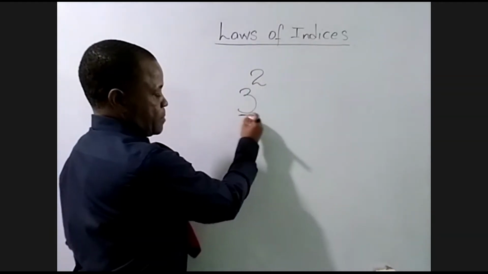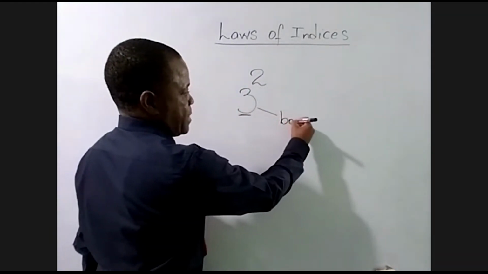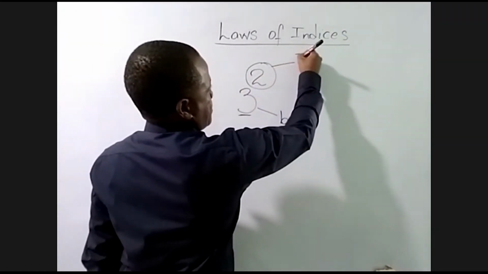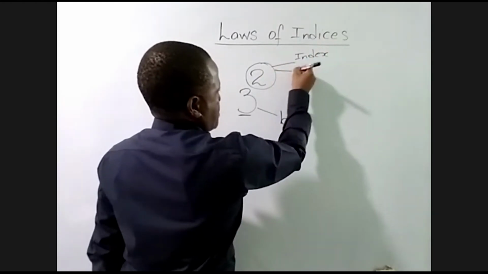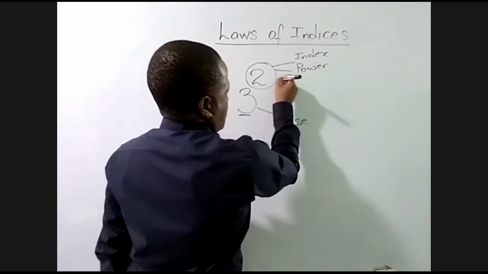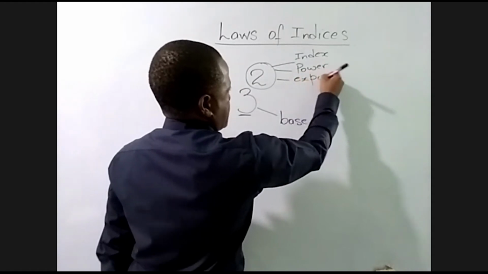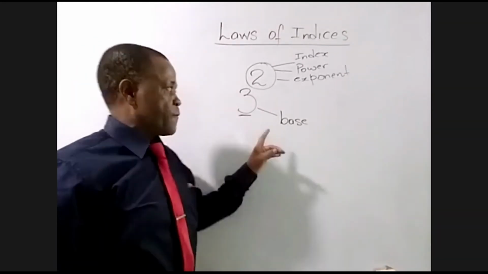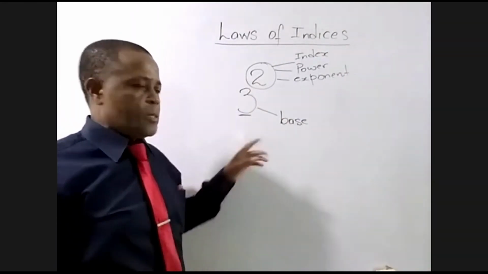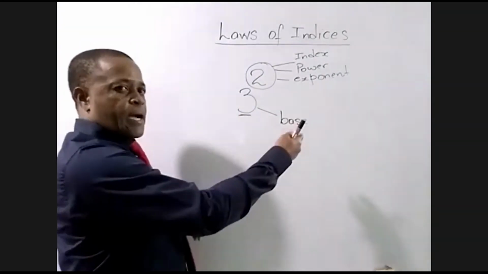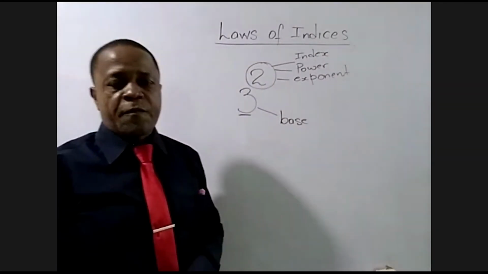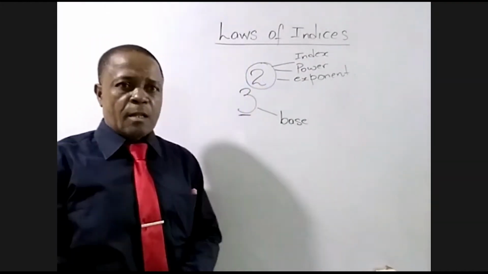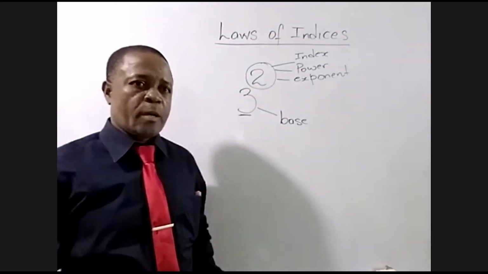This 3 we refer to as our base, while this 2 we refer to as the index, the power, or the exponent. So we can use any of those 3 words when we're referring to this little number. And if you notice where this little number is situated, it is to the right and a little bit above the number. So this one is called the base, and this is now called the power. That's how we're used to it.